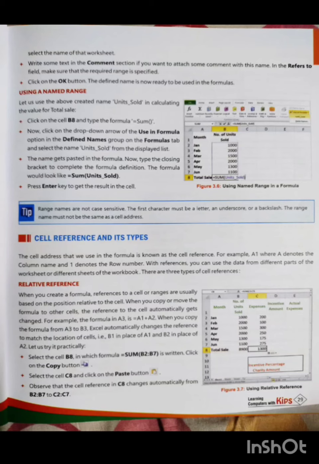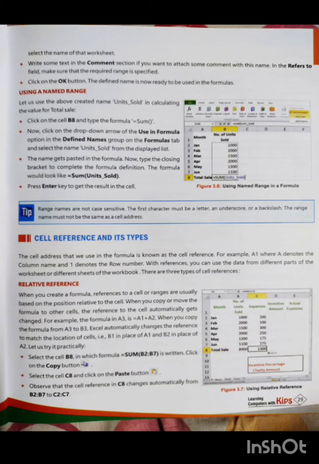What was the named range? It's Units_Sold. So we type equals SUM, then within brackets Units_Sold, and then press the Enter key. Upon pressing the Enter key, the result of the addition for the defined named range will be displayed.